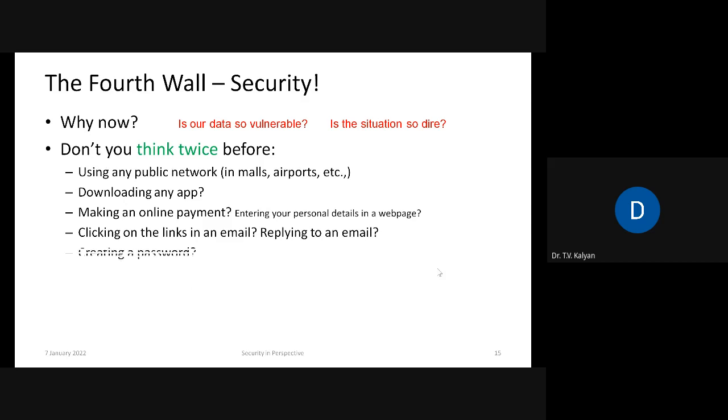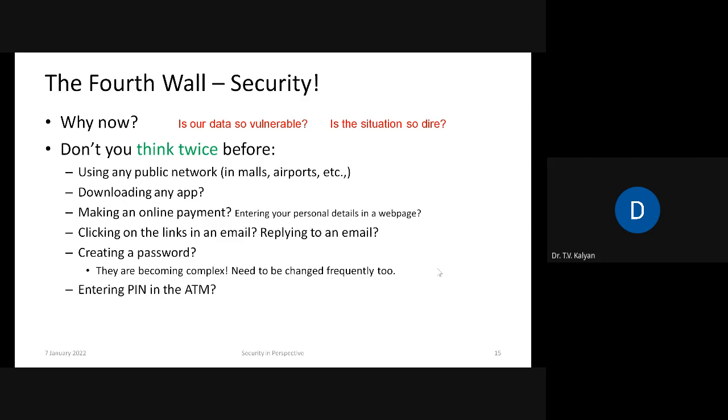And whenever we create a password now, it has become very complex: it needs 8 or 10 characters, one capital letter, one small letter, one alphanumeric character, etc. And it's not only once, but we need to change such passwords every 3 or 4 months.